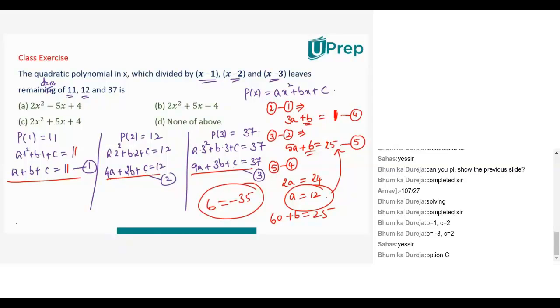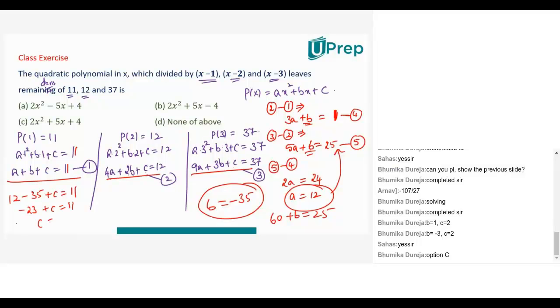From this a value and b value, I need to calculate the c value. Come back to the first equation. a is 12, b is minus 35, plus c should be equal to 11. 12 minus 35, minus 23, plus c equal to 11.